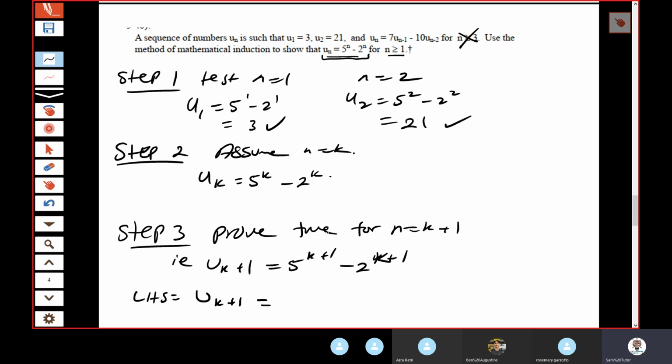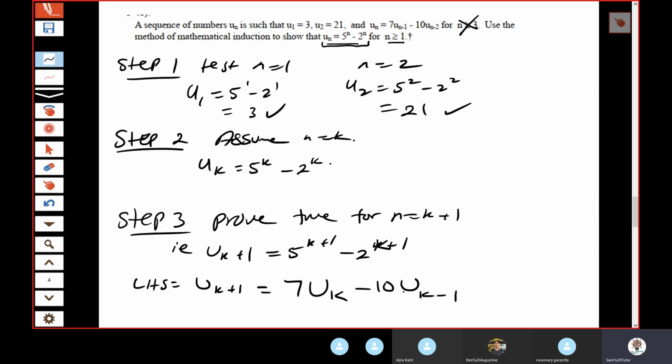Again, u k plus 1, how are we going to bring our assumption in? Well, that goes into here. So that becomes 7 u k minus 10 u k minus 1. Now, what's the problem? Well, I've got u k, that's done, but I actually don't have u k minus 1.